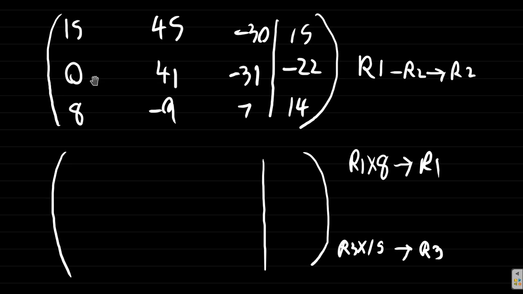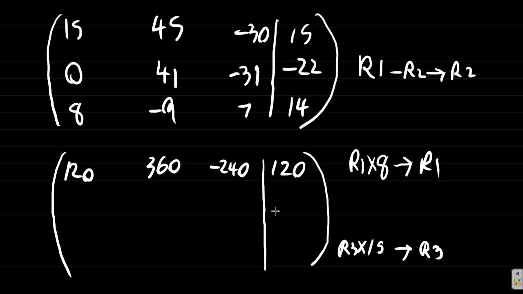15 by 8 will give you 120. Then 45 by 8 will give you 360. Then negative 30 times 8 will give you negative 240. 15 times 8 will give you 120.